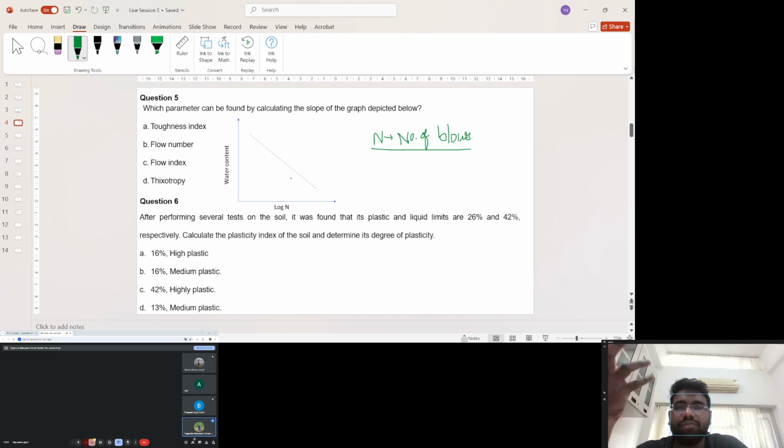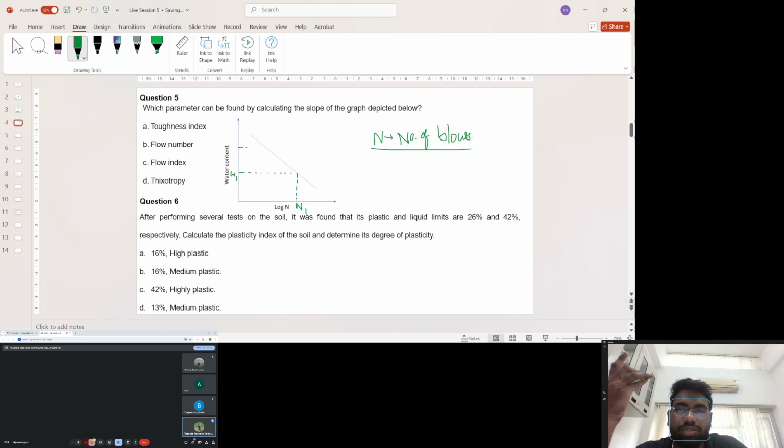When we move like this, this is N1 and corresponding W1, number of blows and water content.